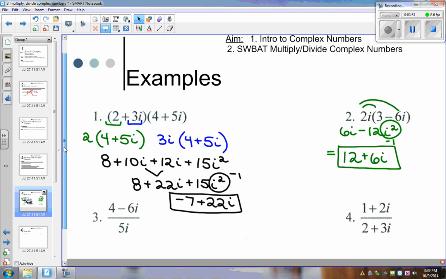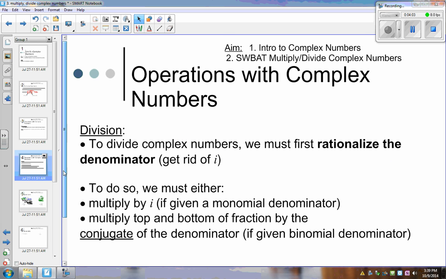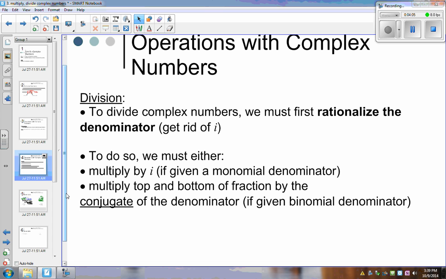Now, as far as division goes, we spoke about this in class the other day, that the i value also represents the square root of negative 1. As we learned from our rationalizing work, we cannot have radicals in a denominator, therefore we cannot have an i in a denominator.